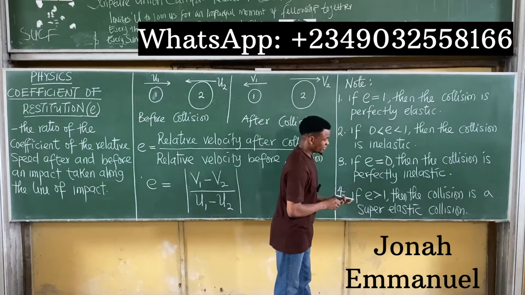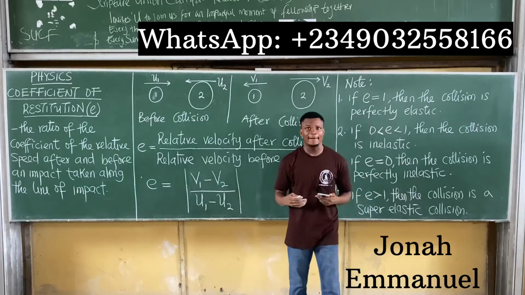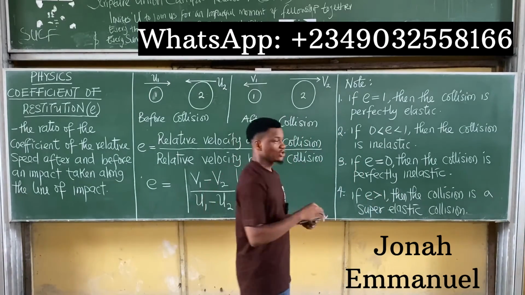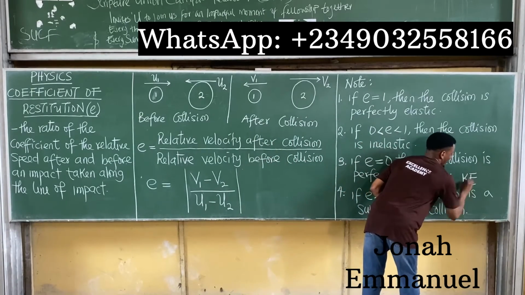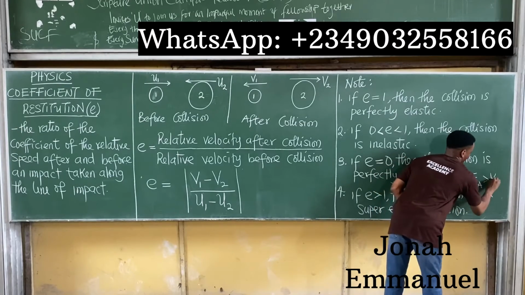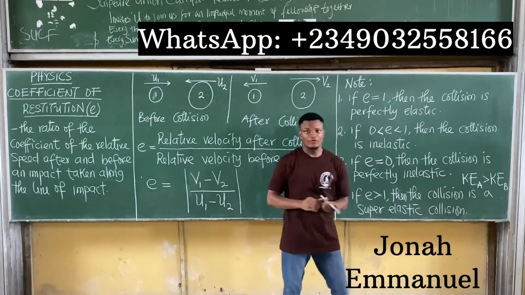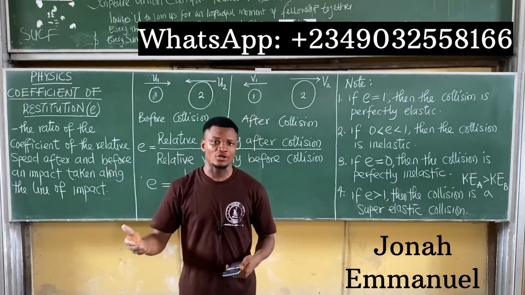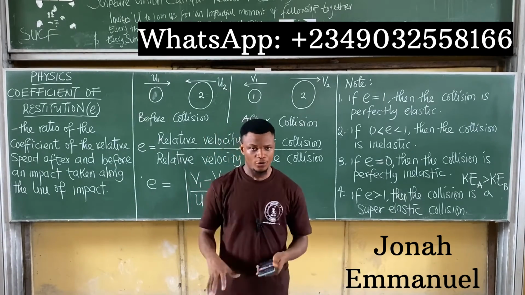So for a superelastic collision, potential energy is converted into kinetic energy, so that the kinetic energy after collision, let's call it A, is greater than the kinetic energy before collision, let's call this B. So kinetic energy after collision is greater than kinetic energy before collision.